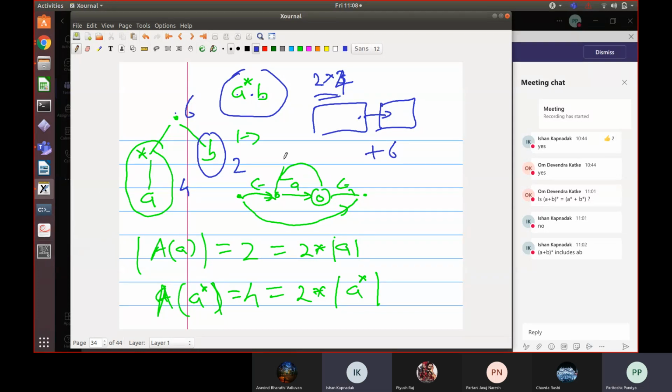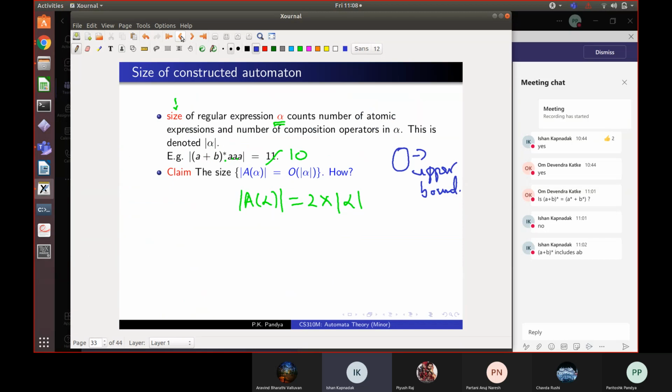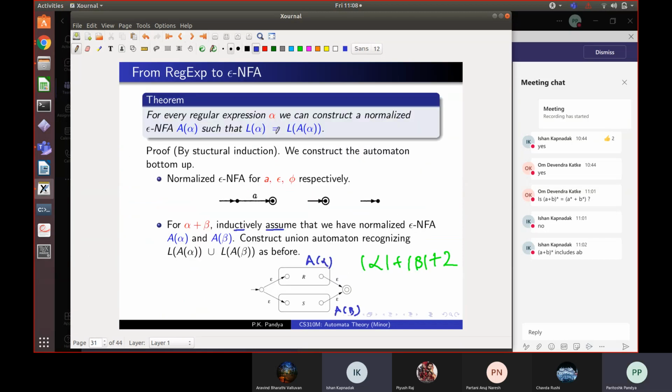Sir, in the theorem that you discussed about regular expressions, is the converse also true? Very good question. I'm so glad in this class people are asking questions. It turns out that the converse is true and the proof is a little hard. That is the topic of the next class.